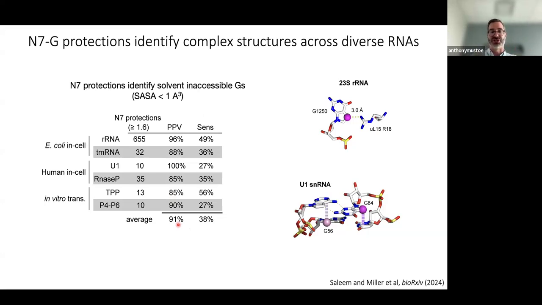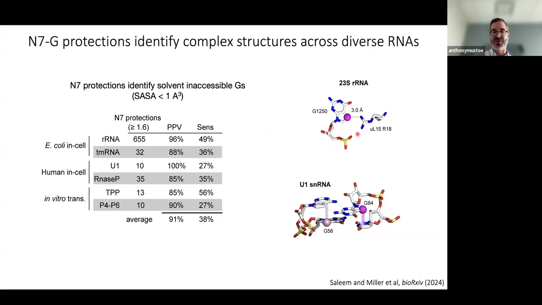So when we see a protection, it's very specific to there actually being some type of higher order interaction that's giving rise to a protection. Sensitivity is also pretty good, although not as good as our positive predictive value.